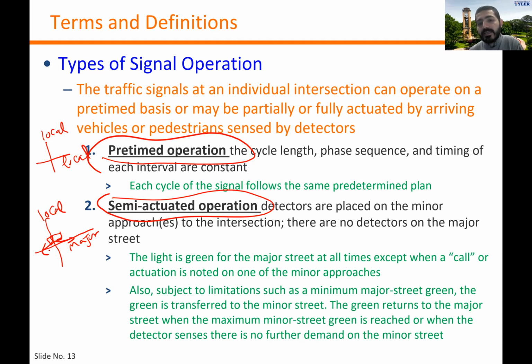And therefore, again, we have those actuators that sense that there are multiple vehicles at this local street, and then it gives them a specific minimum amount of green time to let them go. But then again, it triggers back to having most of the green time to the major street.